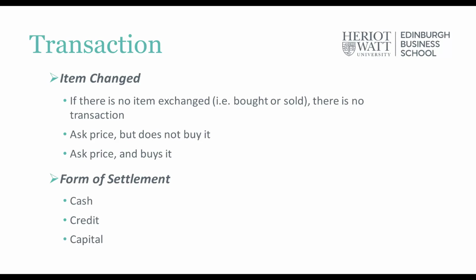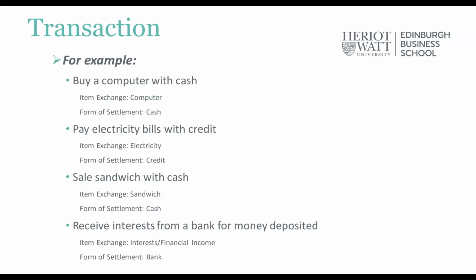Now, the form of settlement. How do you settle? The forms of settlement have to be analyzed critically. You can settle using cash. You can still settle using credit, like those credit settlements, pay later. And then you can still use the capital, which is the money that you have.